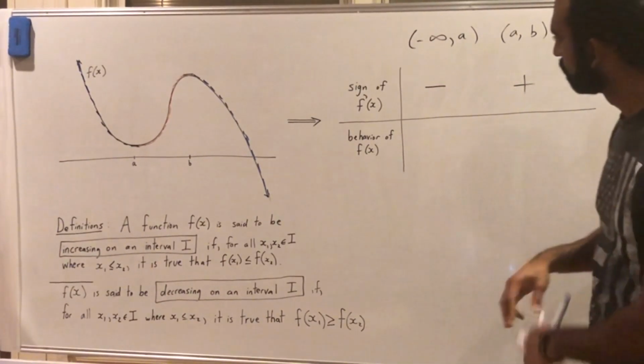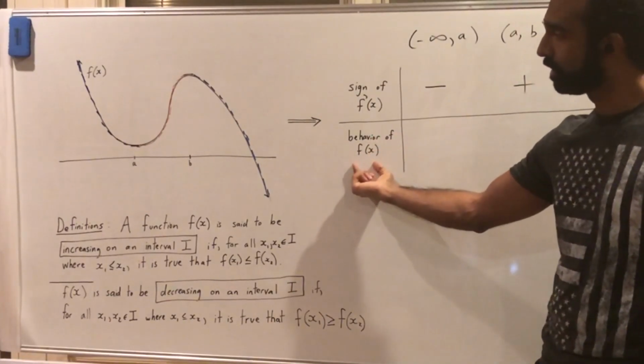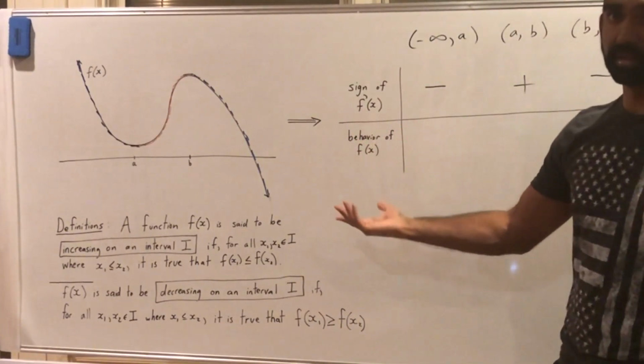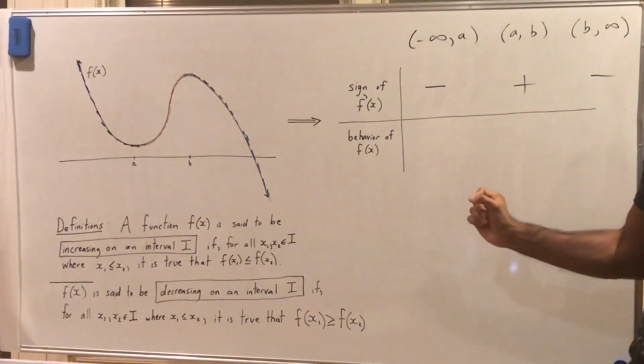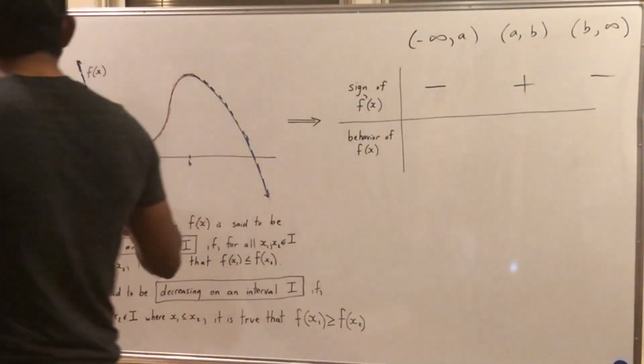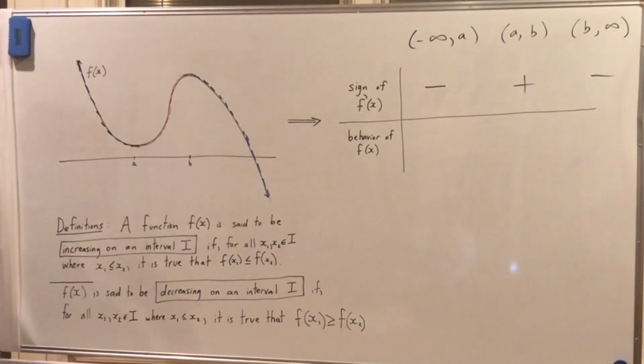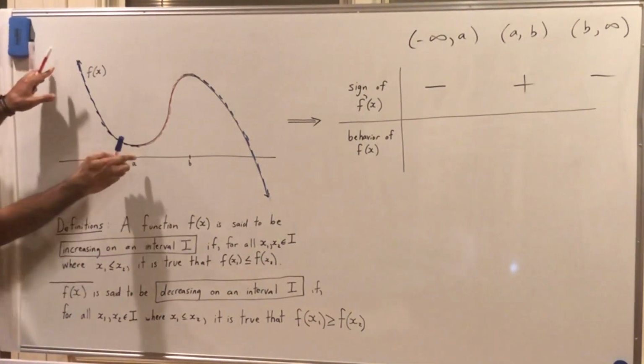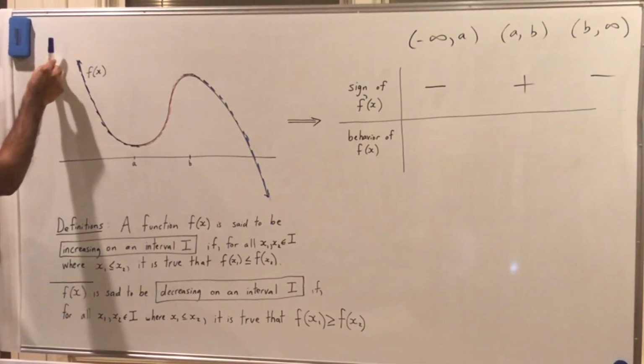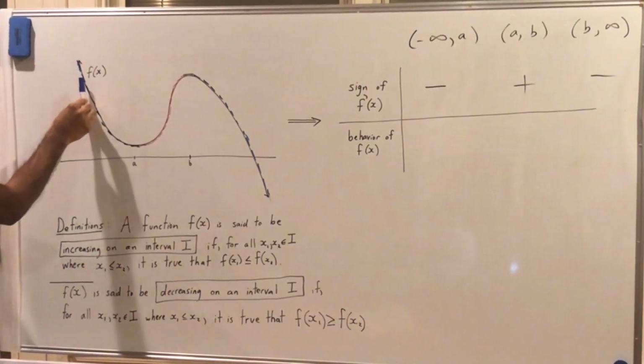Now for this next row, the behavior of just plain old f, I'm really getting at whether it's increasing or decreasing. So loosely, all I want you guys to do is internally define increase and decrease in terms of what it is doing left to right. So for this piece here, when you go left to right, is this function increasing or decreasing?